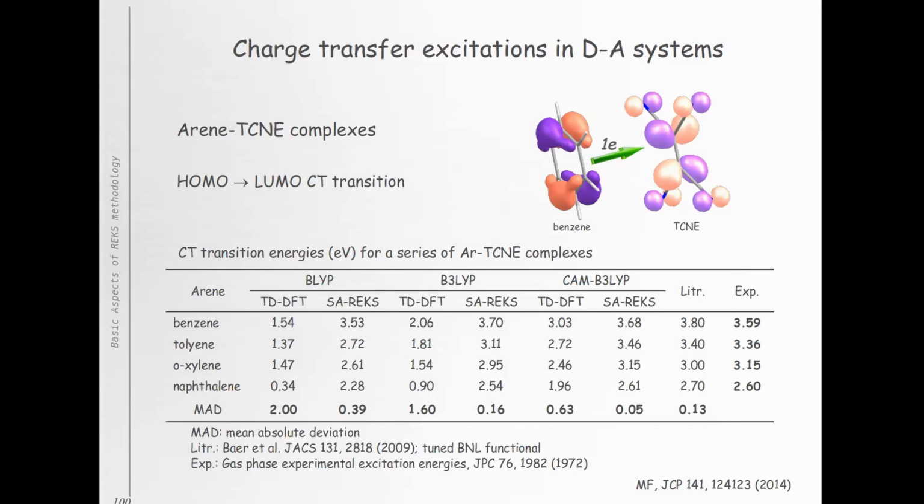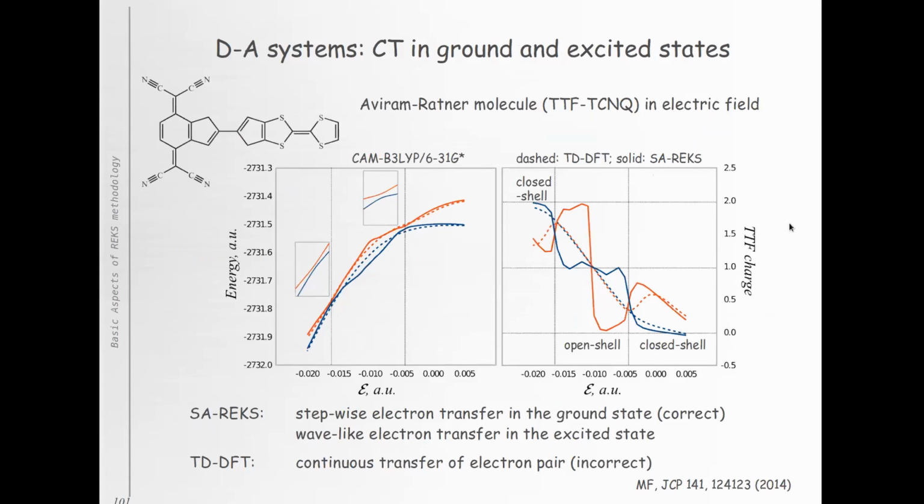You remove an electron from the electron donor and create a cation, essentially, at this place, and add an electron to the electron acceptor and create an ion. All other orbitals, not the HOMO and the LUMO, are strongly modified by this electron transfer. And this effect of orbital adjustment of all other orbitals is poorly described within the linear response formalism.